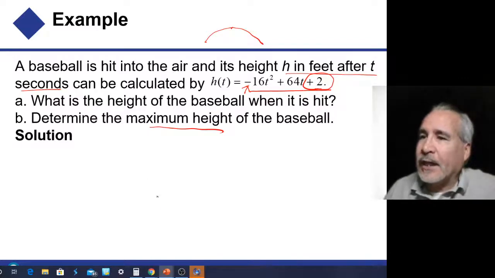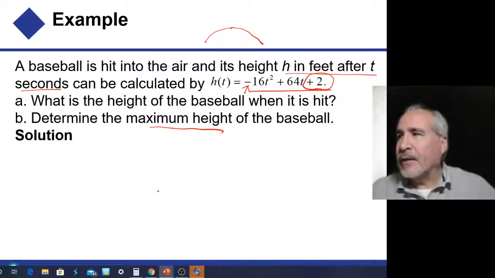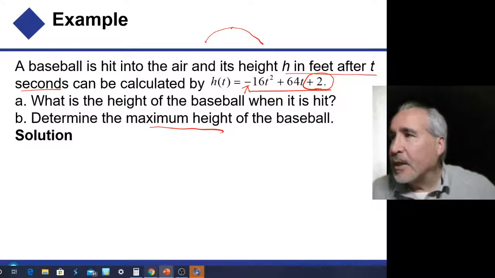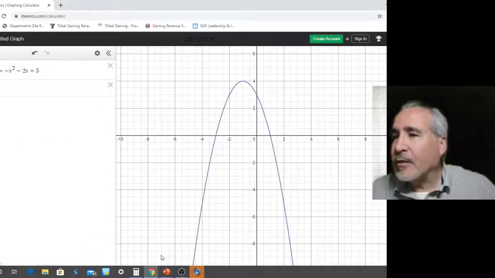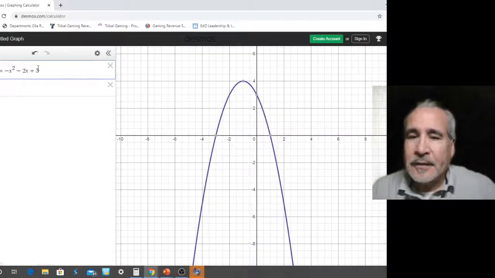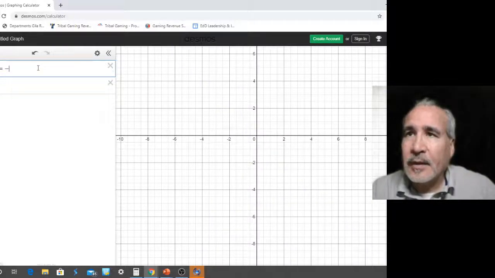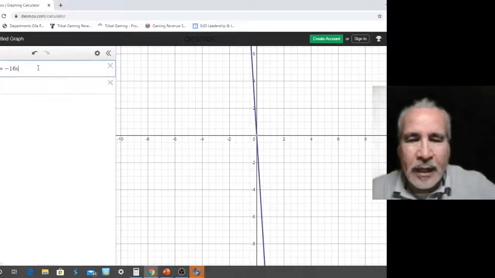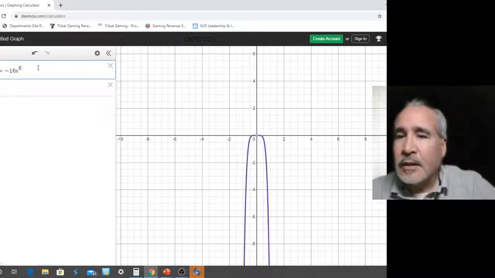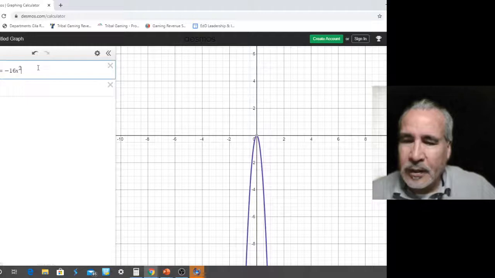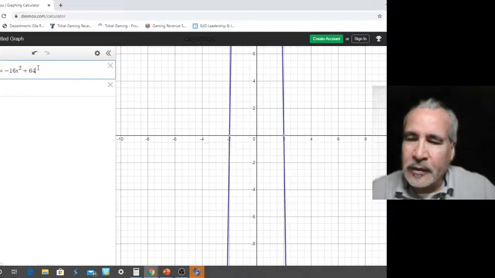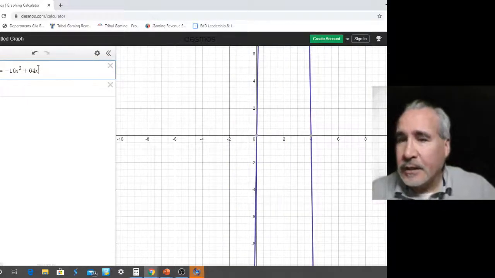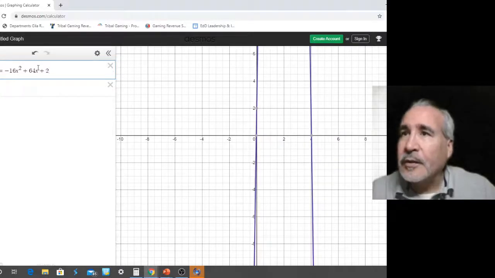And then let's find the height. So let's go ahead. These are some big numbers. Negative 16. Let's go ahead and use this. So we'll put in minus 16x squared, plus 64x plus 2.